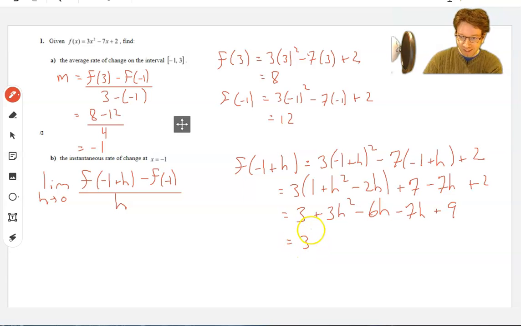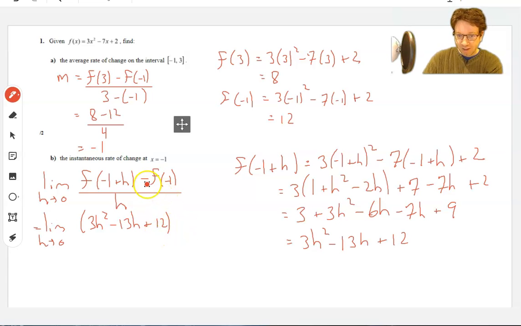So we end up with 3h squared minus 13h plus 12. Okay, substitute this in. We get the limit as h approaches 0 of 3h squared minus 13h plus 12, minus the function at negative 1, which we found in part A, is 12. So 12 minus 12 is just going to cancel, all over h.